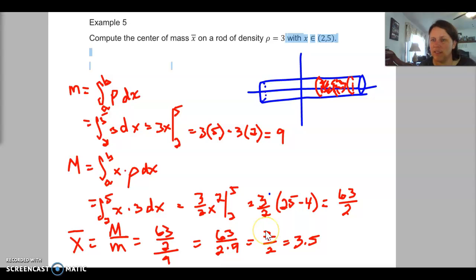So our center of mass is 3.5, which again should make complete sense. So right between 2 and 5, the center of that would be 3.5. And that would be the center of mass for this.